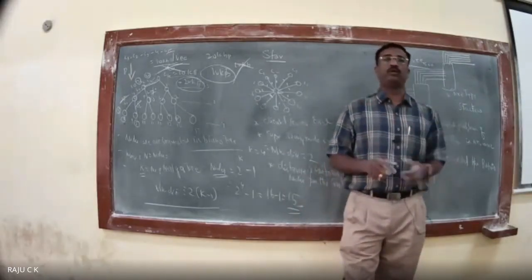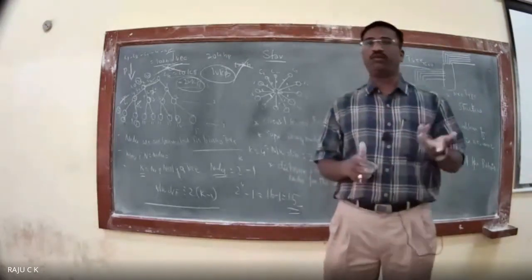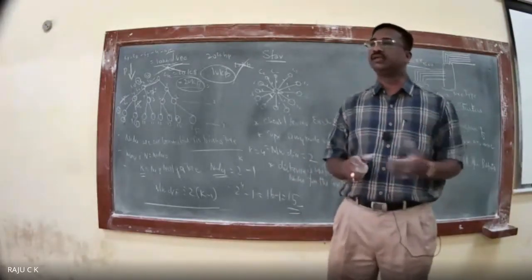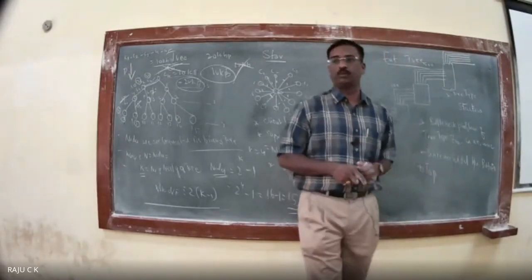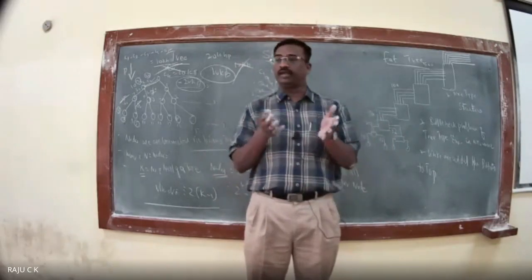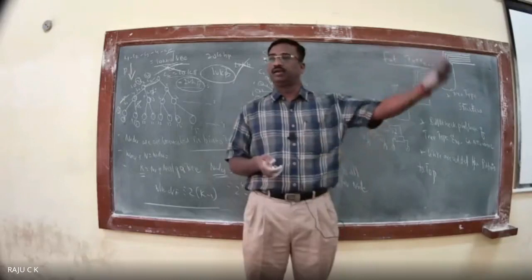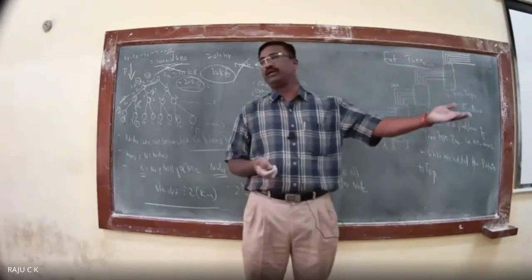Next, we can move on to the definition of hotspot. What is the meaning of hotspot? Then what is network throughput? Network throughput, or hotspot, can be defined in what way? That will be covered in the next Monday class. And then immediately we switch over to dynamic networks in the Monday class.